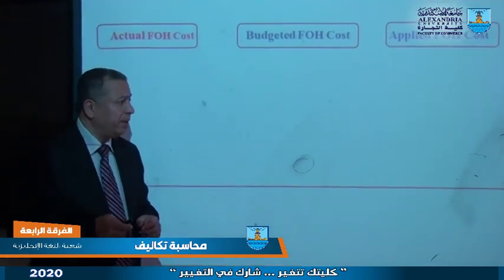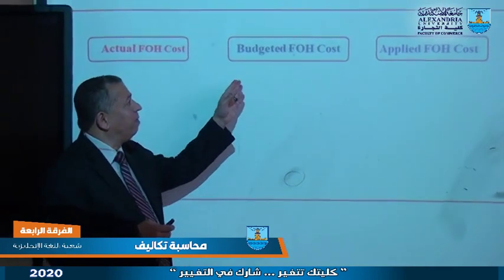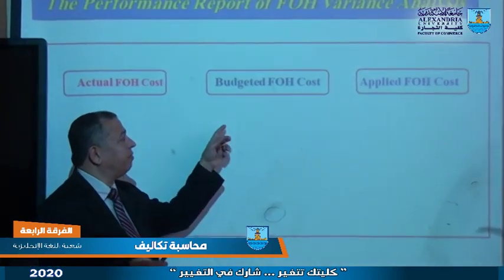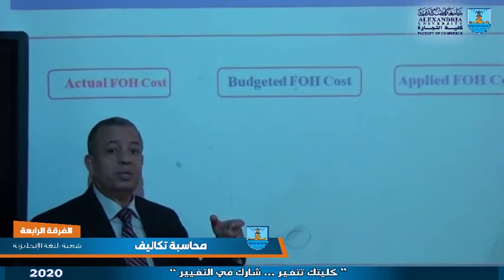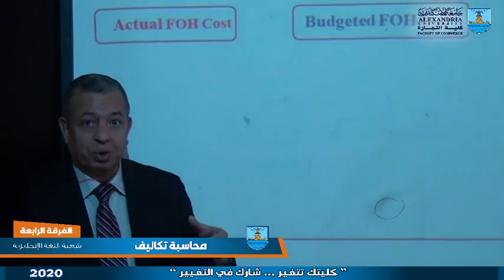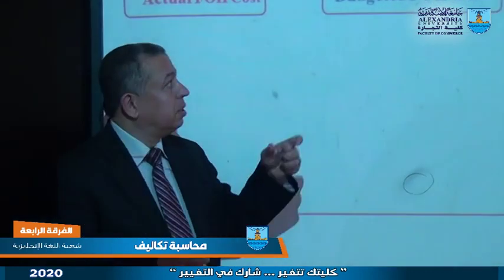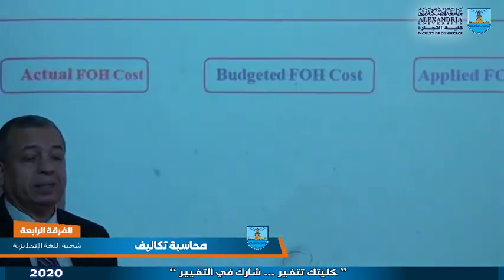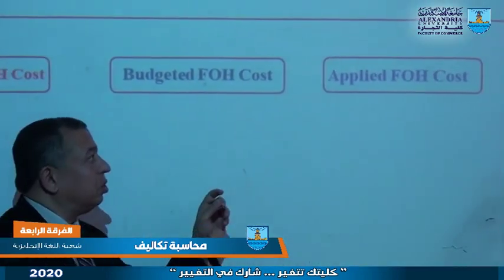Okay, if you remember me, what is the difference between budget and applied? Budget, here I have standard hours or budgeted hours for the budget times standard rate for fixed overhead.